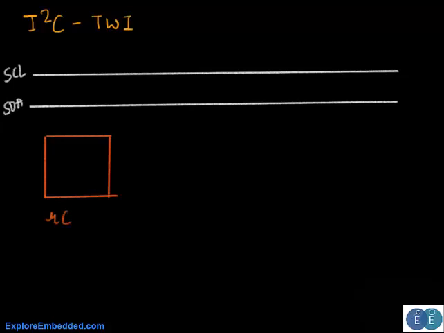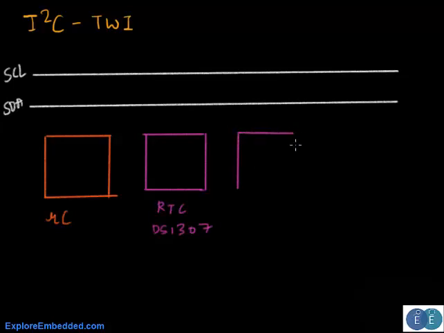and we have a whole lot of other peripheral devices, like an RTC which works on I2C, it could be the RTC DS1307. Then there are a whole series of ROM ICs, the EEPROMs, which use this protocol.